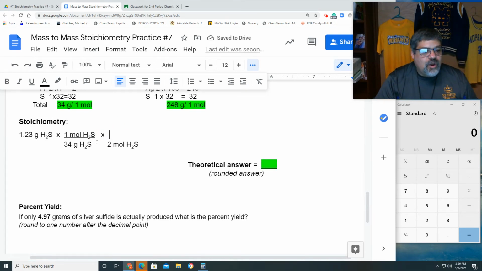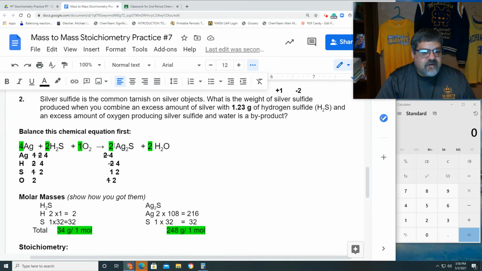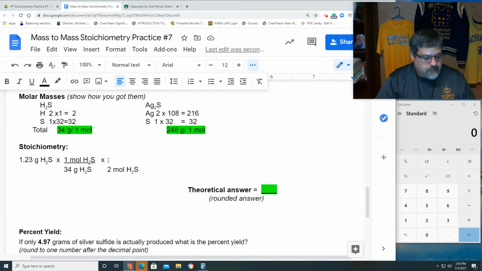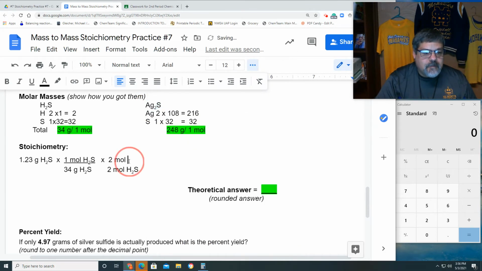Then at the top, we're looking for, right over here, silver sulfide. So let's go up to the top, find silver sulfide, 2. So 2 moles. It's going to equal 2 moles of silver sulfide. We'll copy that and paste that down. Now that we have it in moles, we can convert it back to grams. So if I have moles up here, I got to put moles down here.